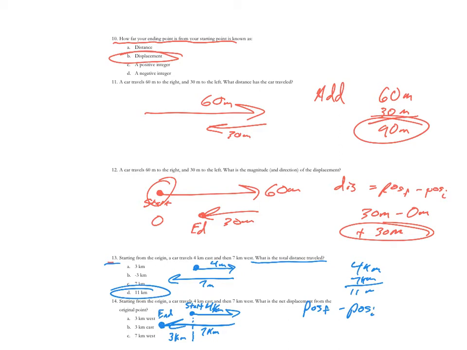My final was -3 minus 0, because that's where I started, and that would be -3 kilometers. Negative would be west of where I started, because I'm on that side of the 0, and we say that's west.